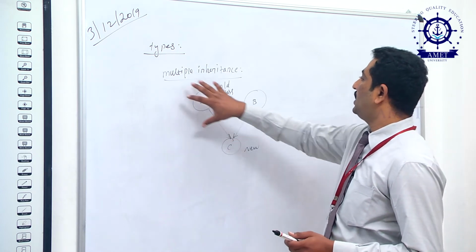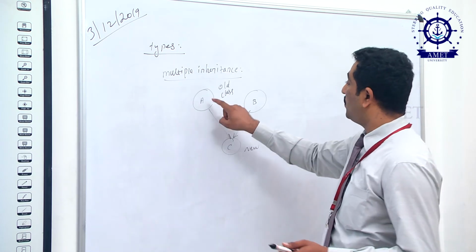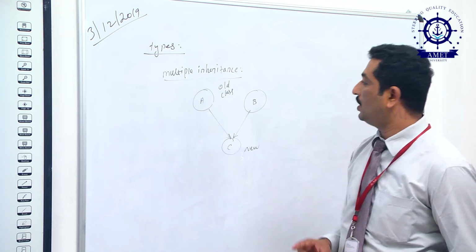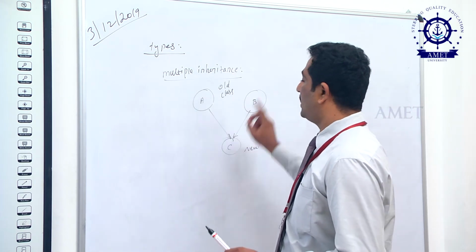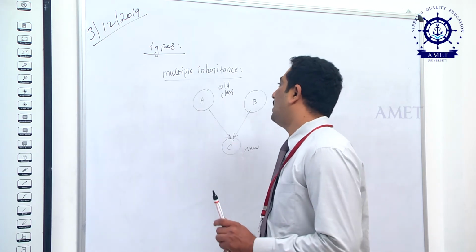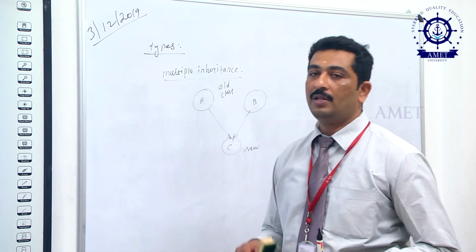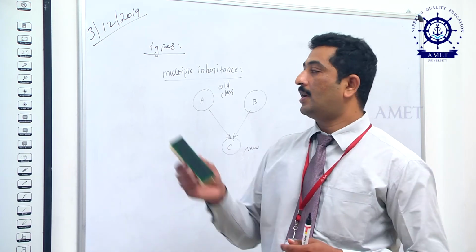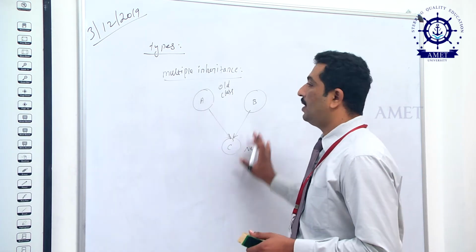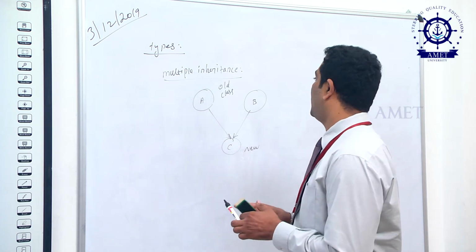Here, multiple means there is more than one old class and only one new class. The new class accesses the property from the old classes. That concept is called multiple inheritance. We have a father and mother, and the child can access the property from the father and mother also. That kind of concept is called multiple inheritance.